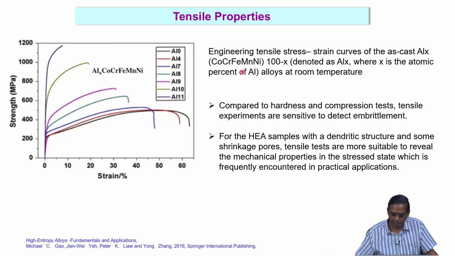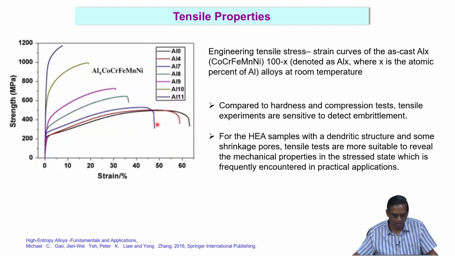Again, you have the aluminum effect on this. As the aluminum content increases, you see that the strength goes up, then you lose your ductility. But look at the aluminum 0 alloy, which shows a huge elongation of up to 65%, and you can vary this with alloying additions very nicely.